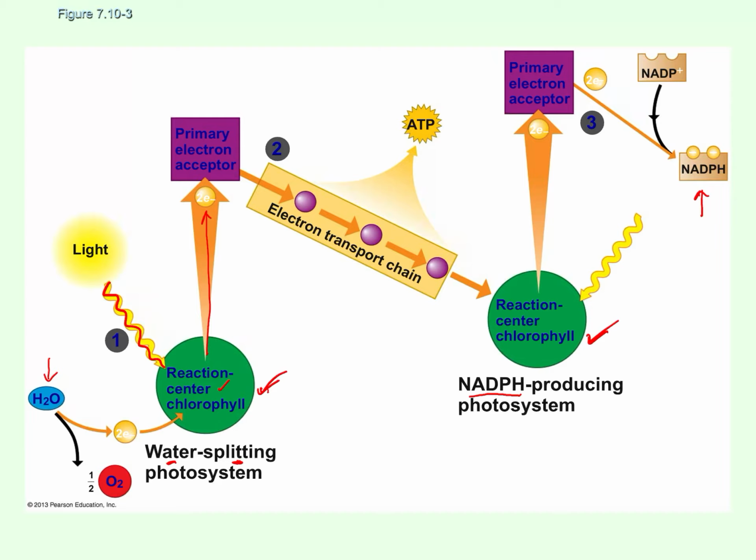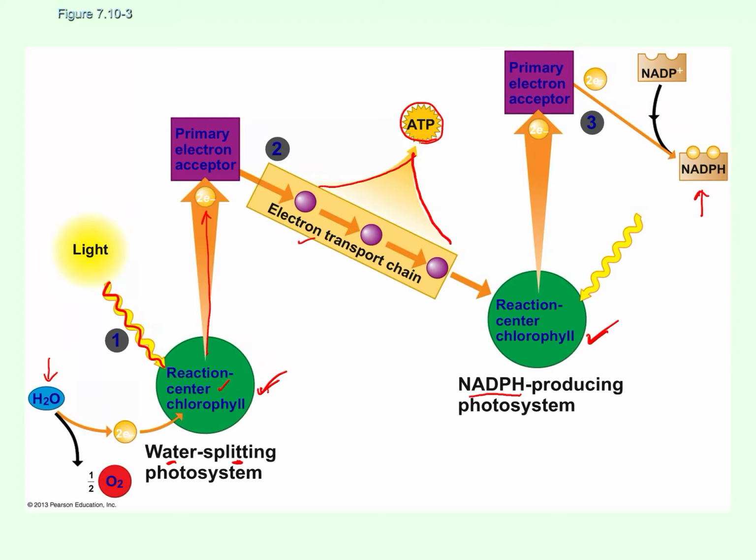And it does lose them because right next to the reaction center chlorophyll is going to be an electron transport chain. This transport chain is something that we talk about in cellular respiration. It's exactly the same electron transport chain. And if you remember that, then you will remember that the whole process of the electron transport chain generates ATP, okay?